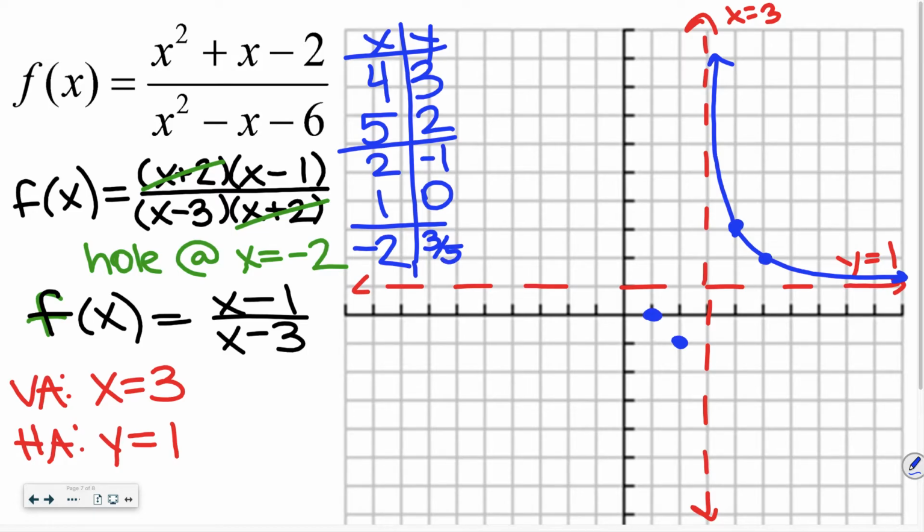So at x equals negative 2, y is 3/5. I am going to draw an open circle and use that to draw that part of the curve. There's just a hole there. It looks the exact same as x minus 1 over x minus 3, but there is a hole right there.